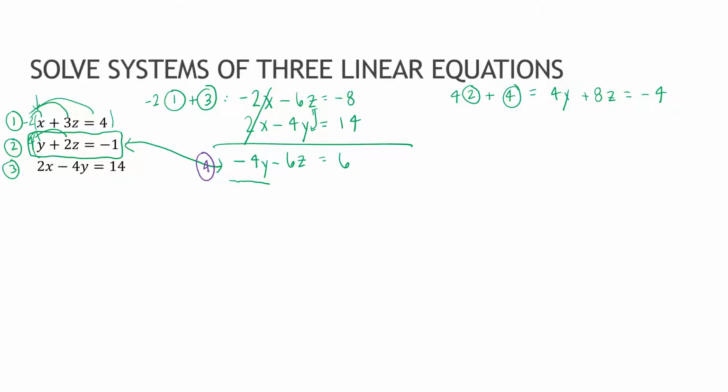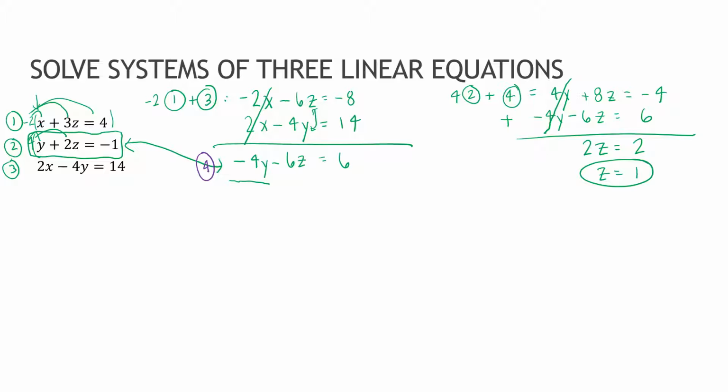Equation 4, I'm recopying. Negative 4y minus 6z equals 6. Add those together. Y's cancel. 2z equals 2. Z equals 1. Once you find one answer, it kind of just waterfalls.